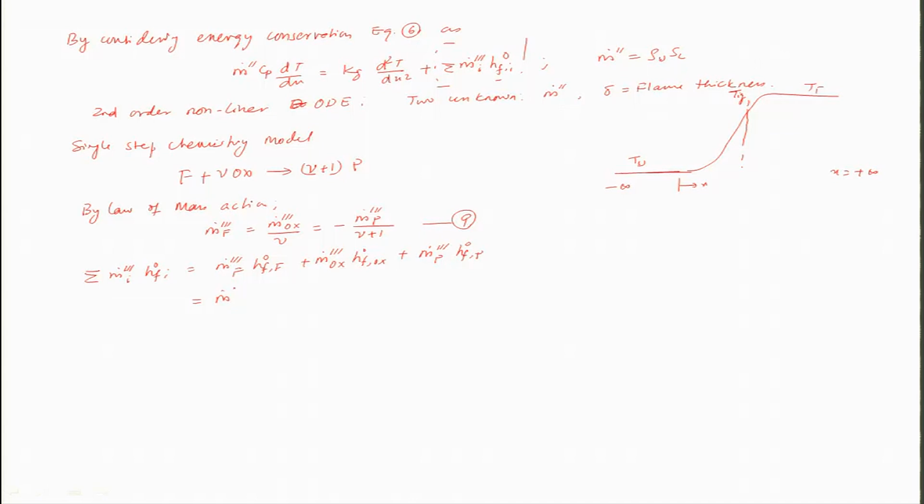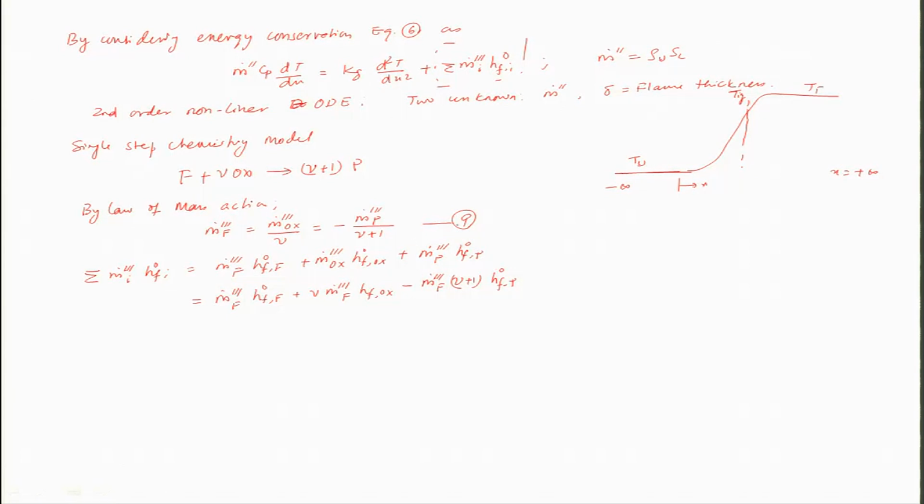I can write down F h f F, there is no problem, but here I will substitute nu m dot triple dash F for the oxidizer h f oxidizer, plus for the product it will be basically minus m dot triple dash F nu plus 1 h f product naught. Are you getting my point?